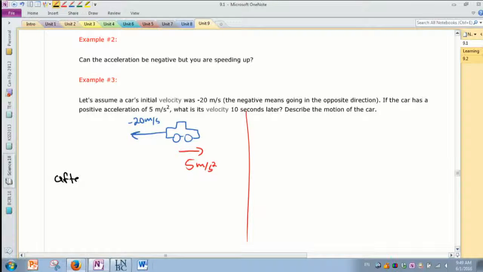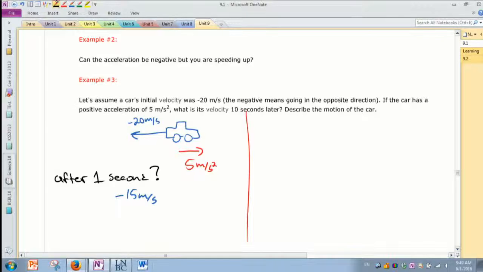After 1 second. How fast would my car be going after 1 second? If I started at negative 20 and then I'm saying I have a positive acceleration. That's exactly right, Abby. I'd be going negative 15 meters per second.